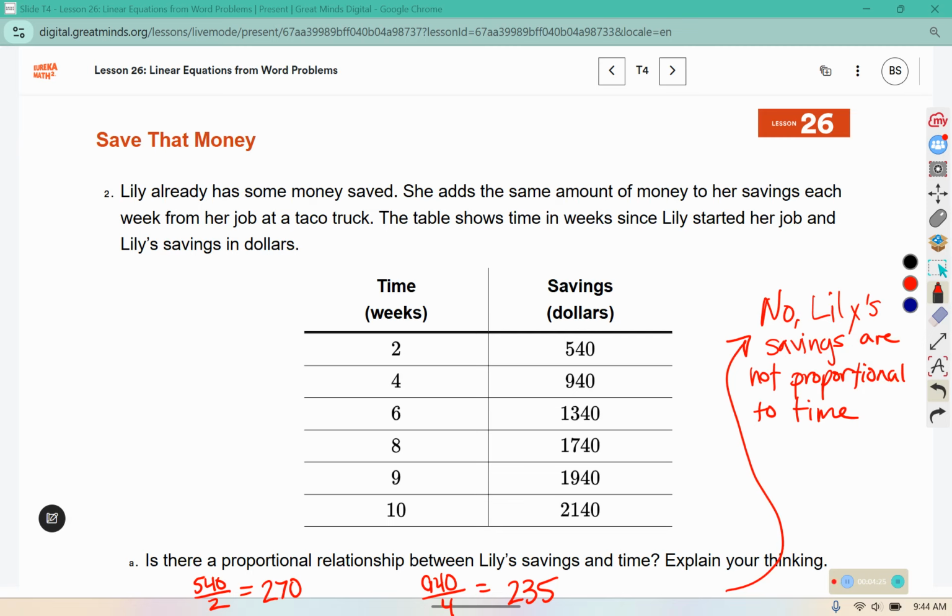And the reason is because the values of the ratio of her savings to time is not the same.